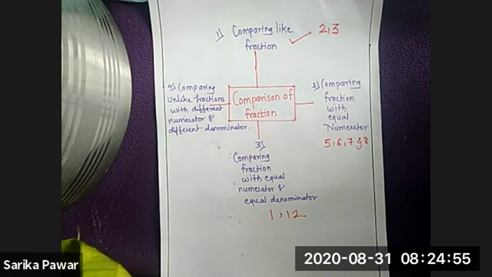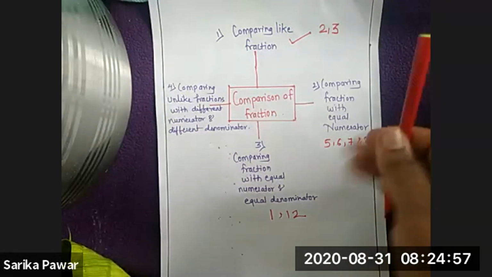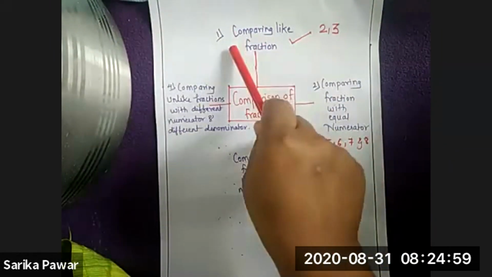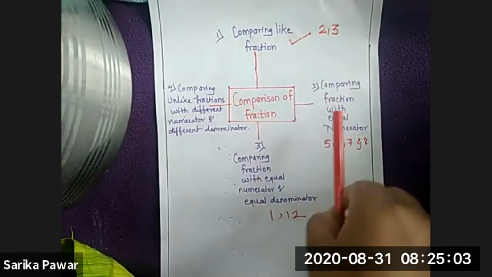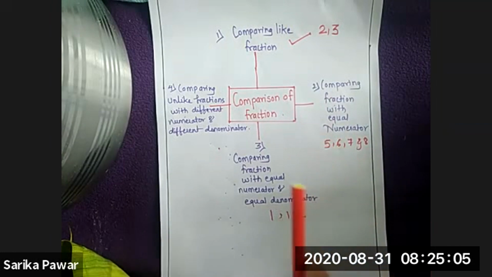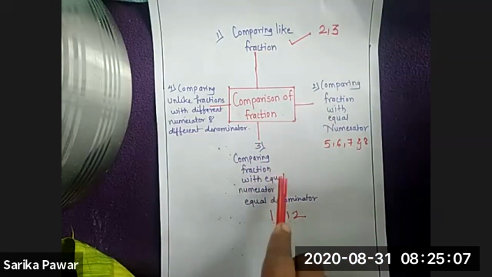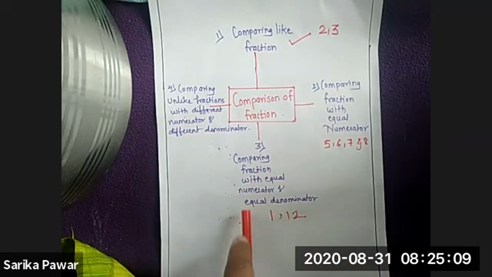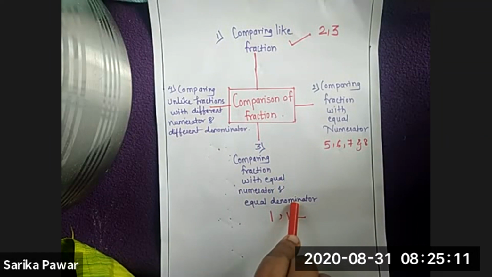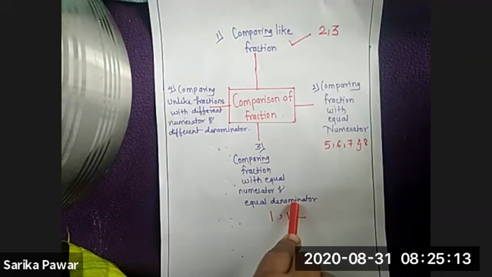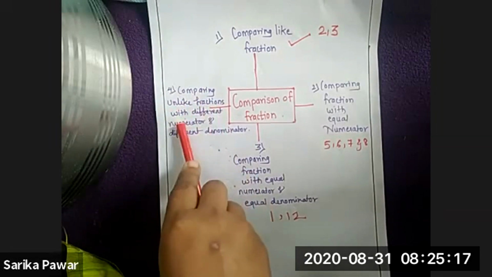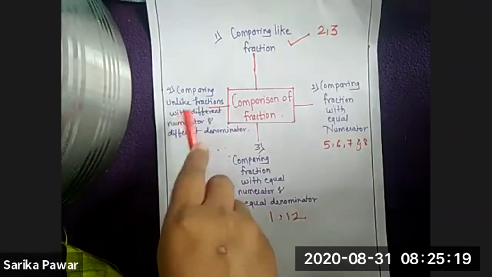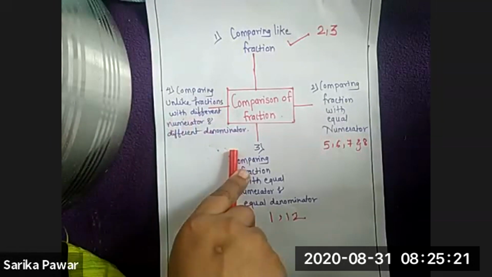Now, students, I will revise. Comparing like fractions we learned. Comparing fractions with equal numerator we learned. Comparing fractions with equal numerator and equal denominator we learned. And now we are going to learn comparing unlike fractions with different numerator and different denominator.